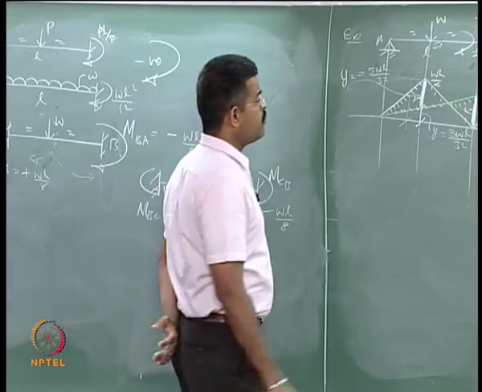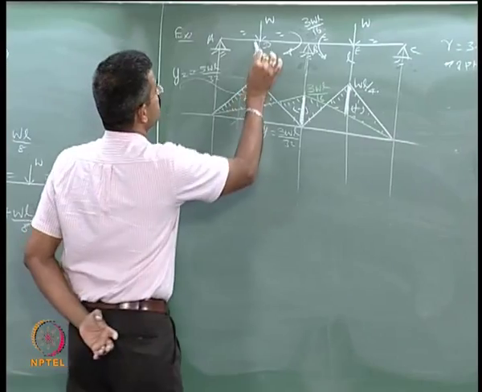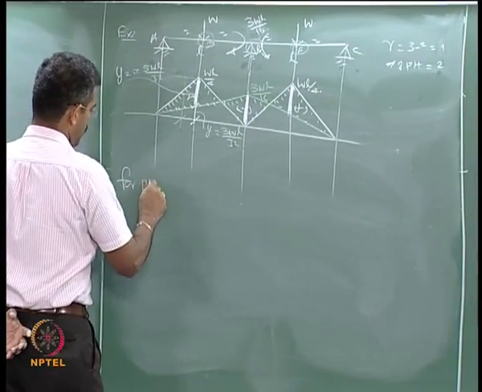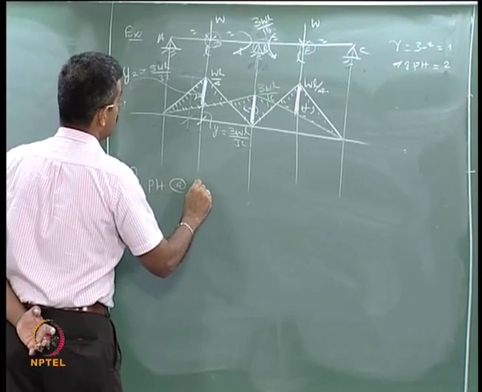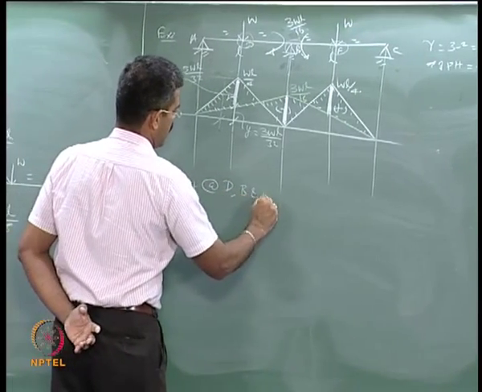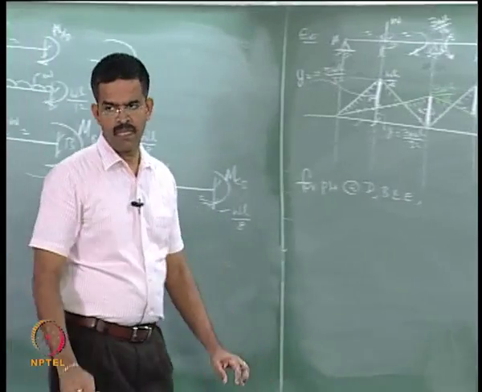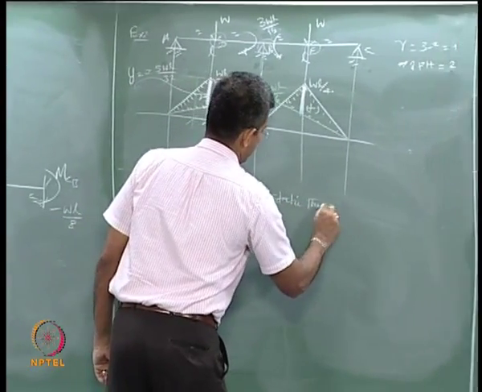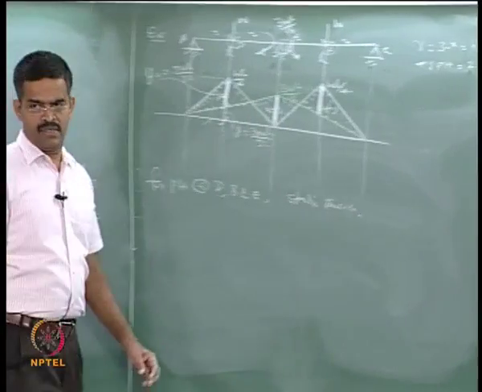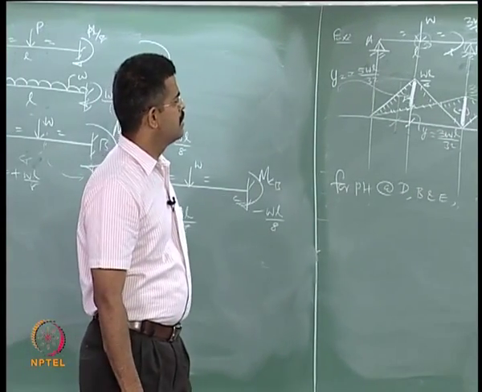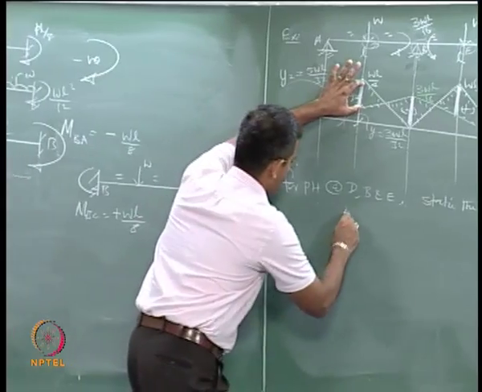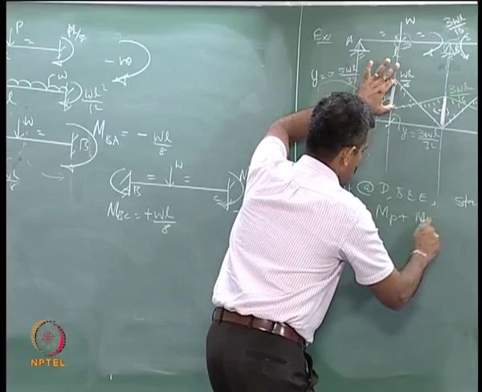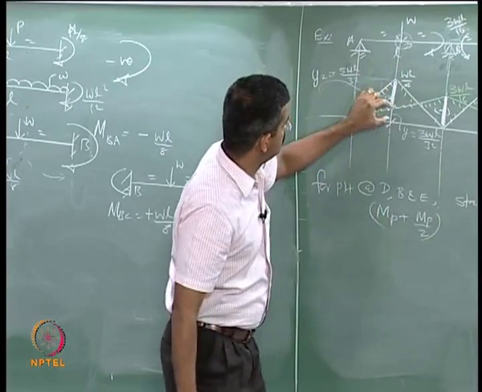Now if I agree that the plastic hinges will form at D, B and E, for plastic hinges formed at D, B and E, using the static theorem, I can say that MP plus MP by 2, this is MP by 2, why?